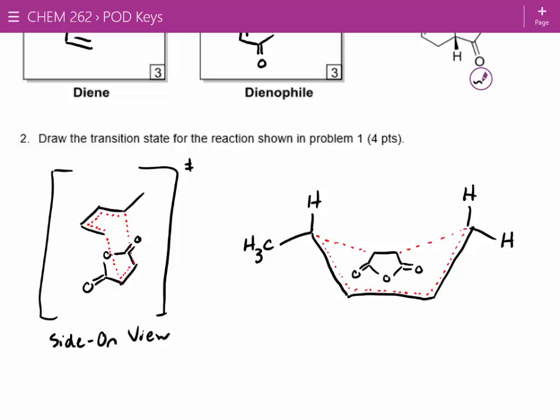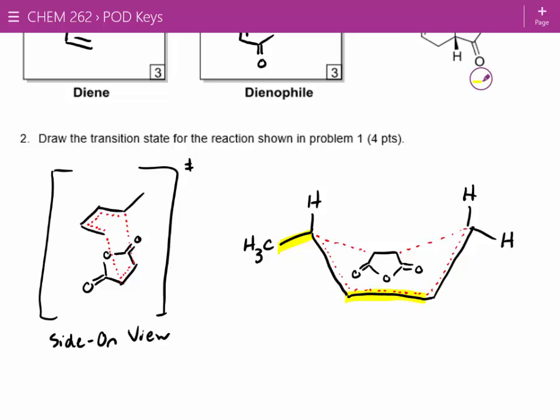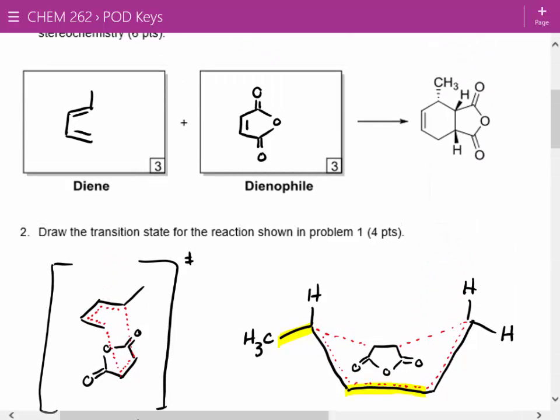The other thing we can think about, too, is let's compare these bonds here to here. They're trans to one another, right? If we look at our product, our top alkene on our diene is trans. So this methyl group has to be pointing away from the boat. If we had a cis diene where that methyl group was cis, then it would be pointed where that other proton is on that carbon.